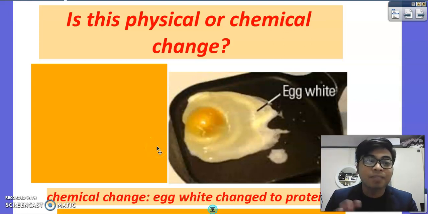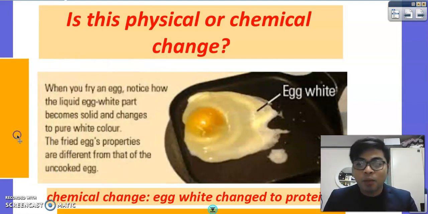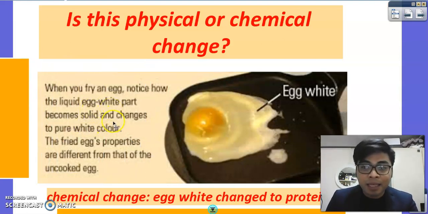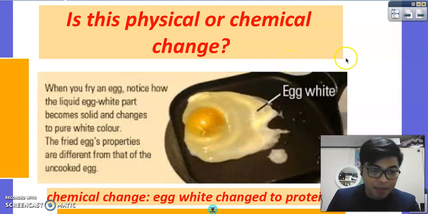That means that you cannot put it back into what it looked like before. So when you fry an egg, notice how the liquid egg white becomes solid and changes color. The fried egg's properties are different from that of the uncooked egg. Therefore, this one is a chemical change.